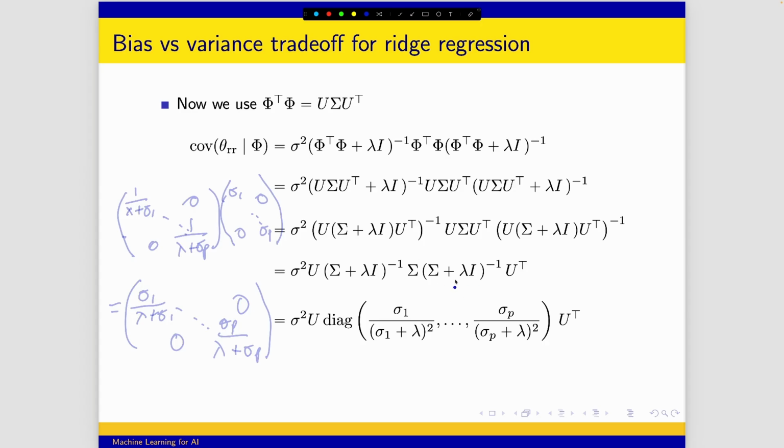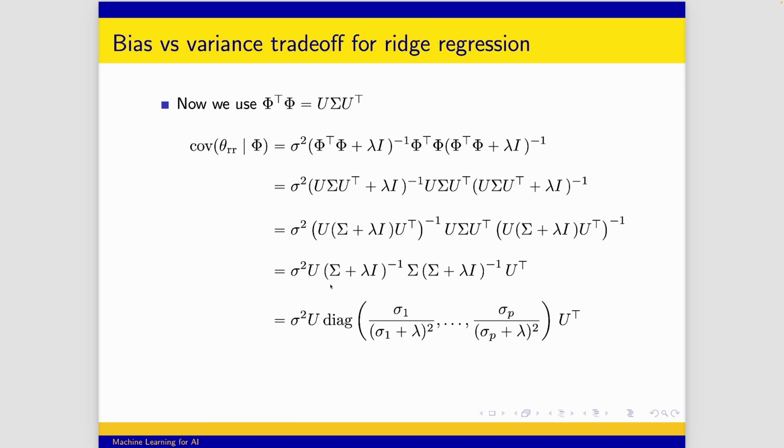Then that's multiplied by this again, and we get sigma 1 over lambda plus sigma 1, all squared, down to sigma p over lambda plus sigma p, all squared, which we can write as diag of this thing. So that's how we get from here to here: we replace this product with this diagonal matrix.